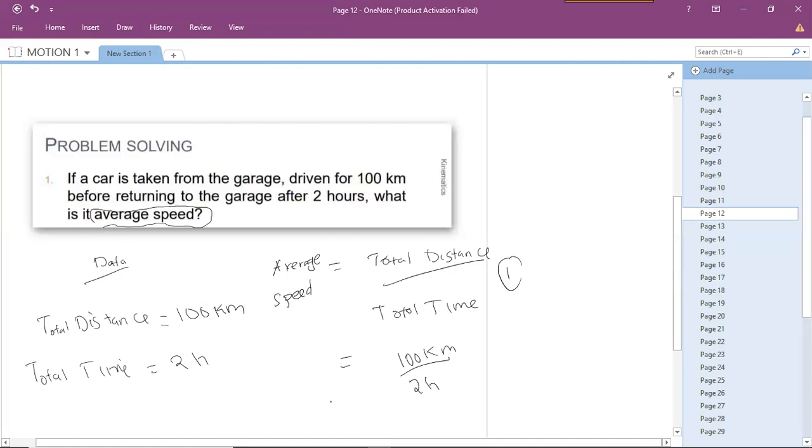Remember in physics, you can go in with your calculator. If you divide that, it will be 50 kilometers per hour as your average speed. So this is how you calculate average speed.